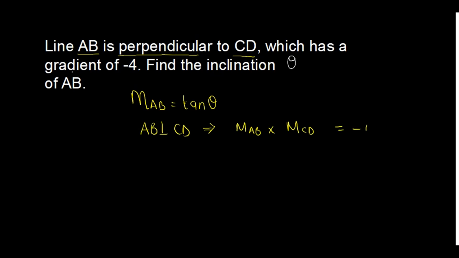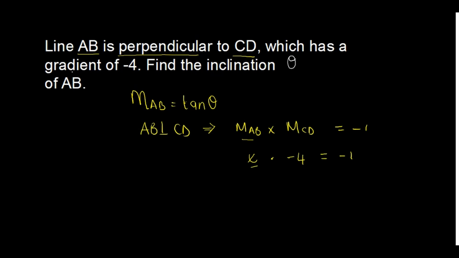This is an important property that I mentioned when I was explaining perpendicular lines. We're looking for the gradient of AB, so we put that as our x, multiplied by the gradient of CD, which we already know is -4, and that should give us -1.